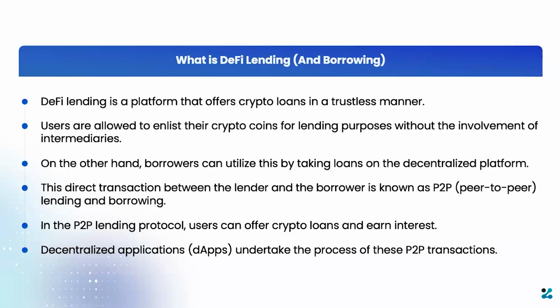In crypto, let's say you have Ether as your collateral, and you need funds. You can go to a DeFi lending platform and take funds, putting your Ether as collateral. Whenever you give back the funds you borrowed, maybe USDT against Ether or any other token, once you return that token to the smart contract, you get back your original collateral, Ether. So that, in a nutshell, is what DeFi solves.